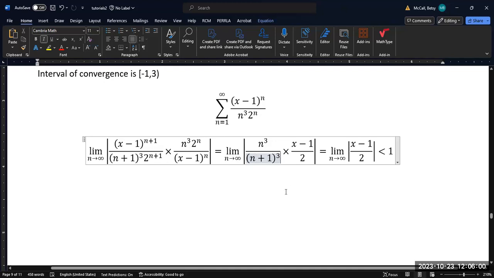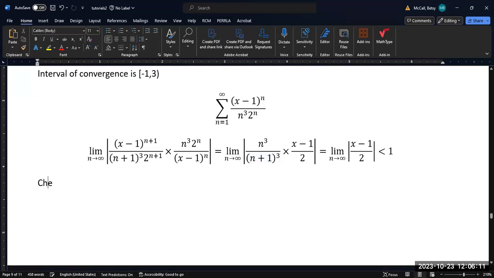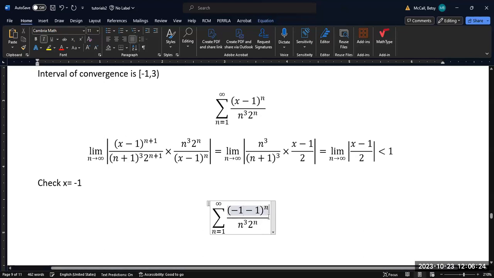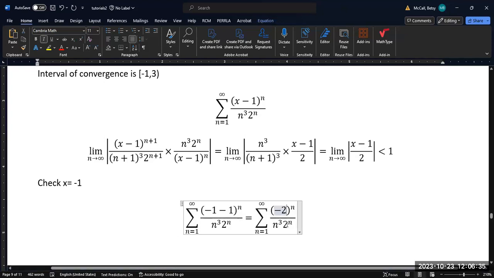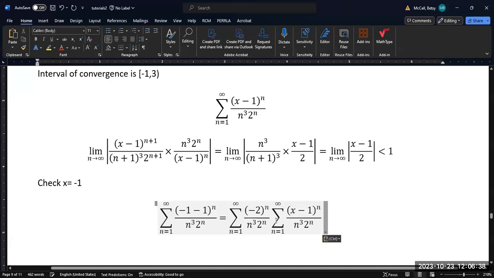And we're still going to end up with this. And because all the other pieces are still the same, we're still going to end up initially with that -3 to 3 interval. But of course, we have to check each endpoint. And when we do that, -1 to 1, and then this will be -2, and then the 2's are going to cancel.